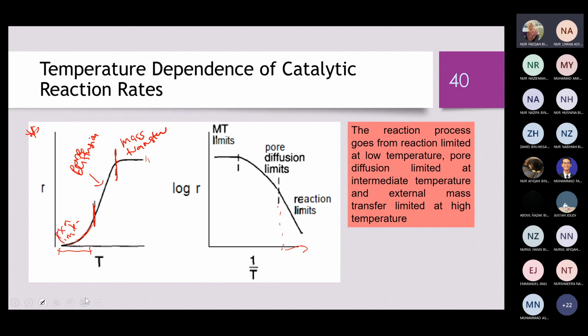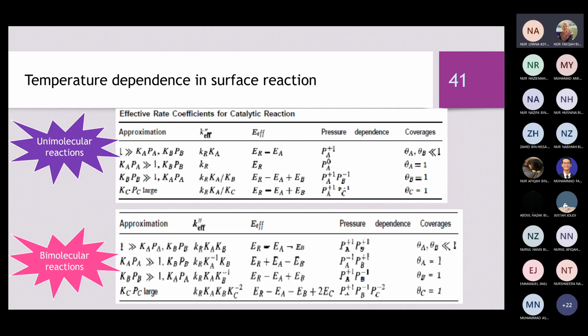So that's why when the temperature increases, rate reaction increases. So therefore, at that time, surface reaction is much larger than pore diffusion reaction. So that's why pore diffusion limited dekat this point. So yang ni tak ada.